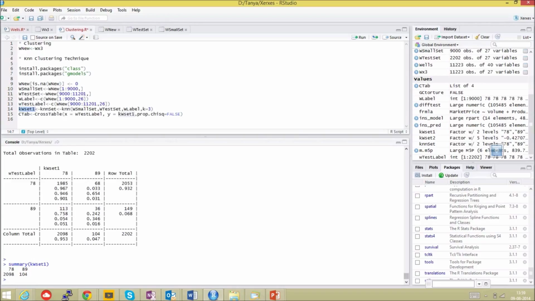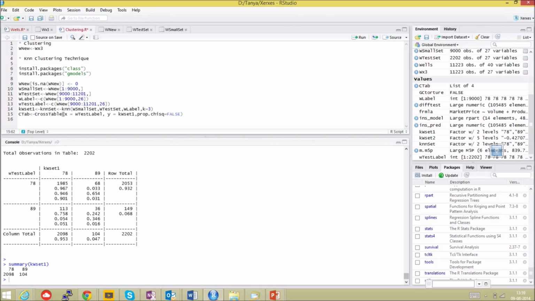It talks about 78 and 79. It's taking the 2,002 odd. Now I need to look at the data in my testing set and the relevance of the result set, which is coming in KW set 1, the response from the KNN clustering.